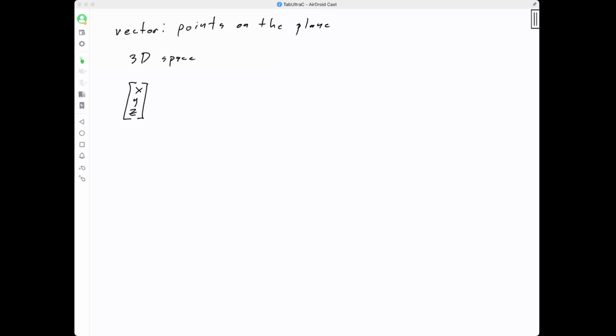So the idea, though, is that let's get away from thinking about it as any specific space. And instead, we're going to define a vector space. So a vector space is a non-empty set.